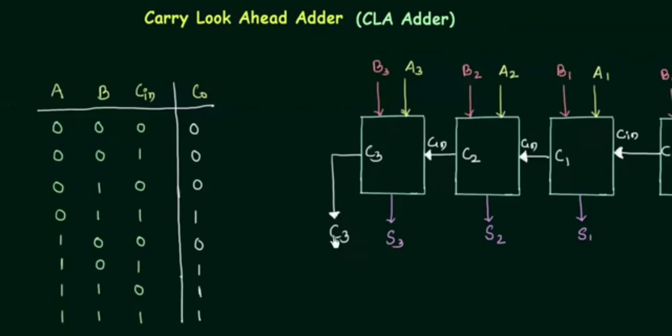So what we are going to do actually in the CLA is to predict the carry. The very important point of CLA is to predict the carry. Okay, and this is something on which we are going to devote the whole presentation, to find or to predict the carry before it is actually calculated.